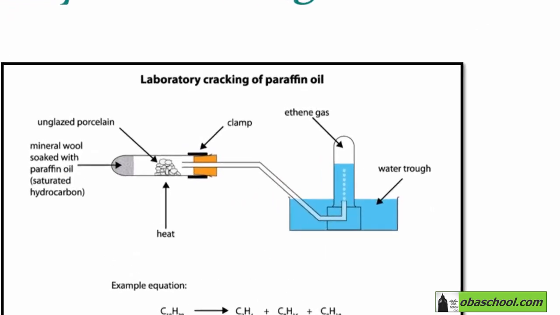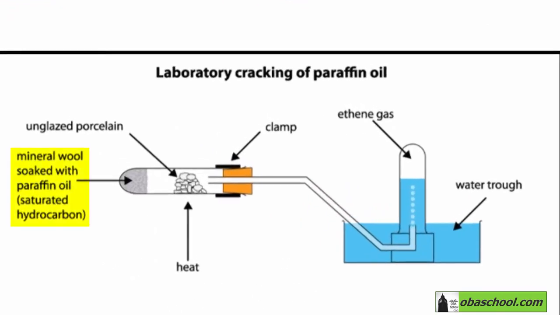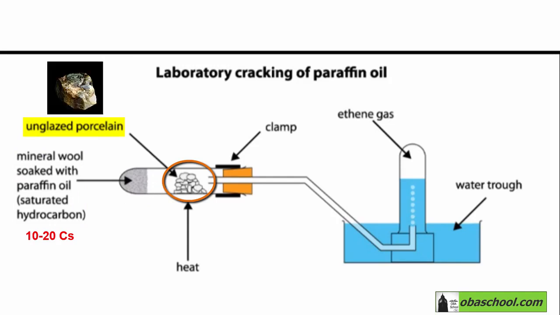So in this tube, at the bottom, we will have some mineral wool which will be soaked with paraffin oil, and this is a saturated hydrocarbon. It is a mixture of alkanes where we may have 10 to 20 carbon atoms. This is unglazed porcelain. So this is the aluminum oxide catalyst.